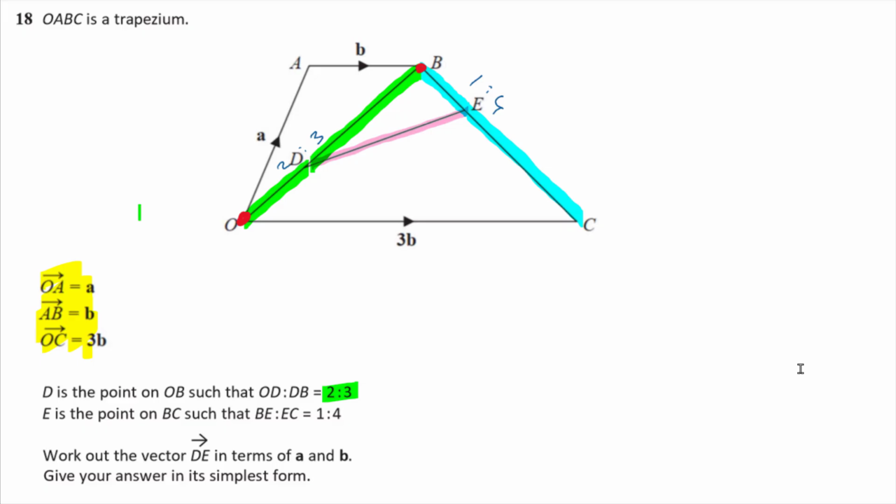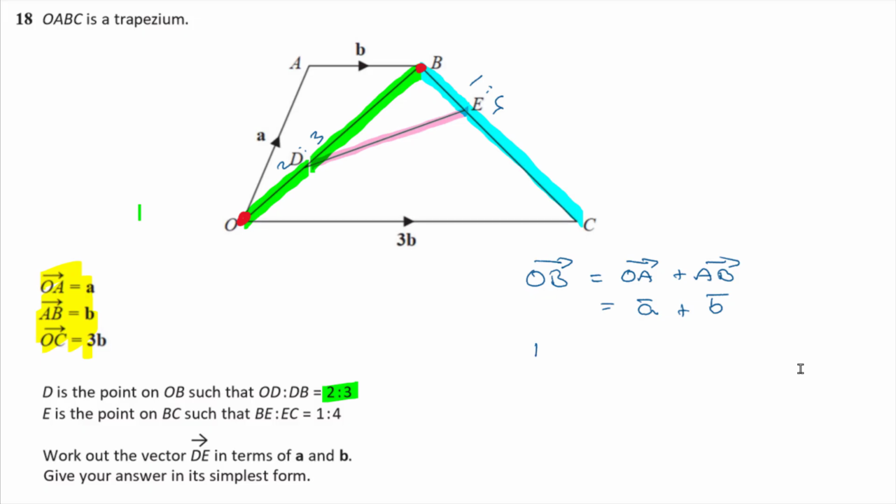I can go via A, can't I? So I can go around that way. So I can go from O to A and then from A to B. O to A we know is a. A to B we know is b. So O to B must be a plus b.